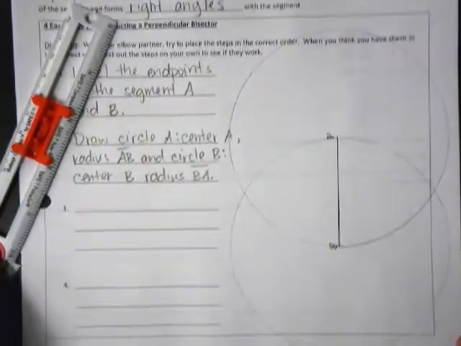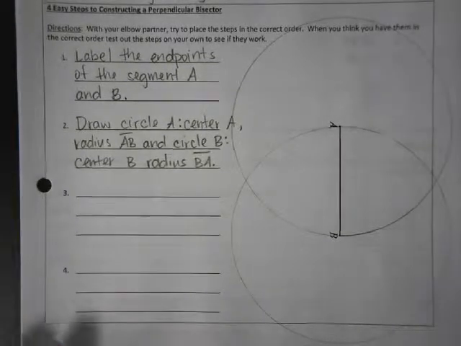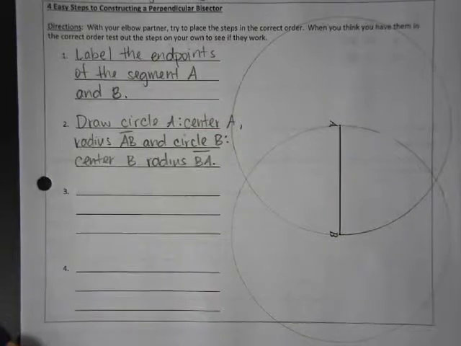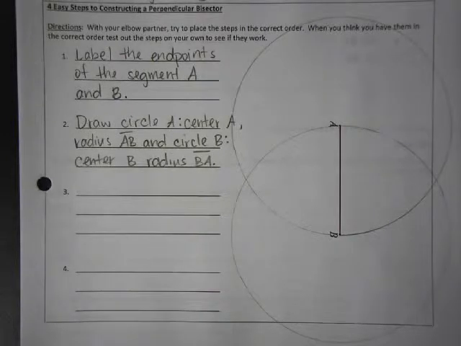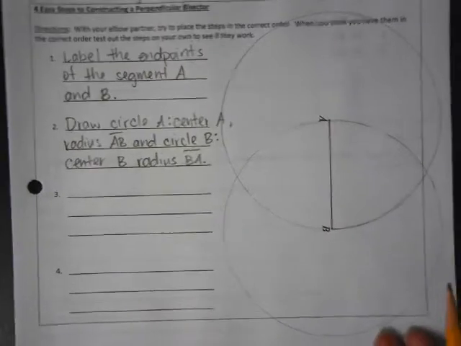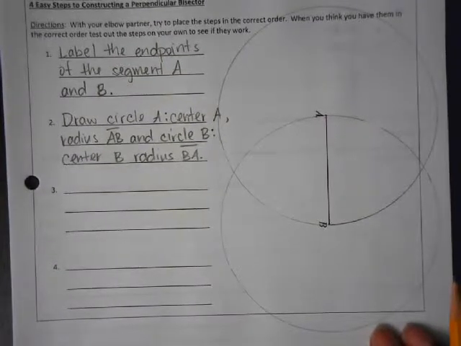Alright, number 3. What did y'all get as step 3, Christina? What do I have to do next? Draw CD. And before I draw CD though, where's CD at right now? Oh, you have to put the little point. Yeah, I have to label the points of intersection, right?